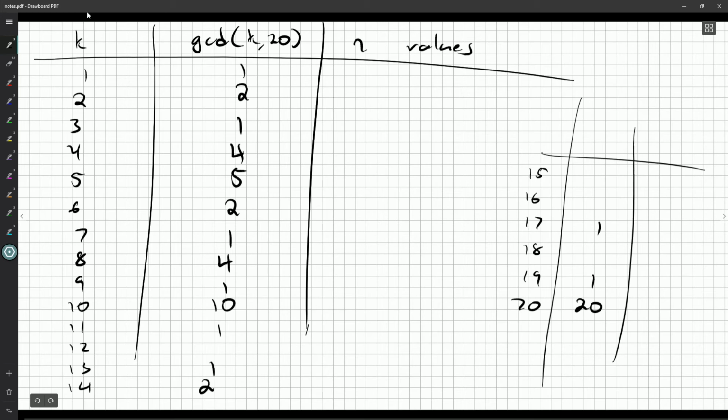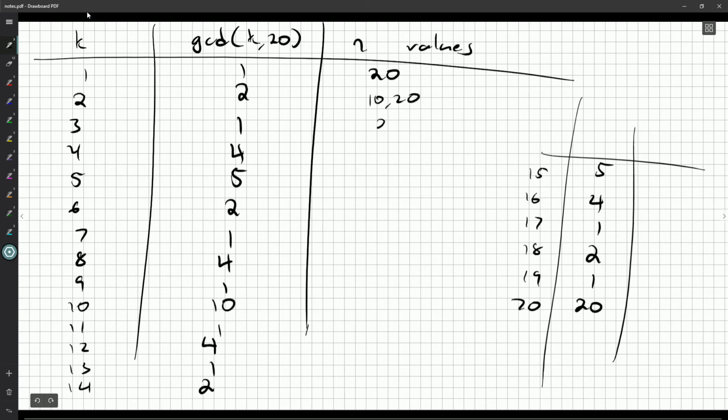14, that would be 2. 12 would be 4. Every fourth one is a multiple of 4. And then the even ones in between there are 2s, and the multiples of 5 are 5, other than 10 and 20. So there we go. Minimum n value, we'd get 20. And then we get 10 and 20.